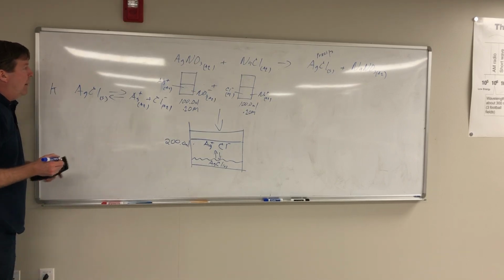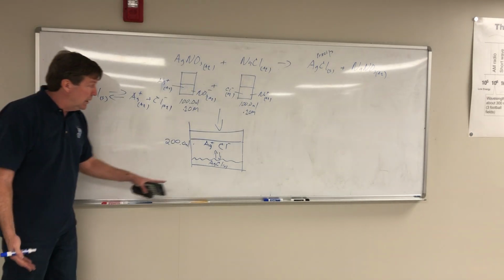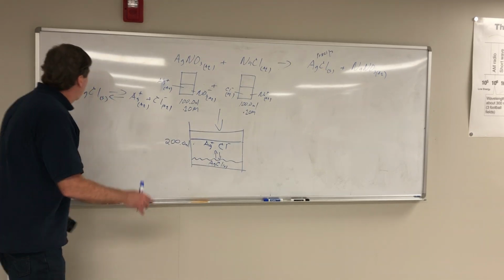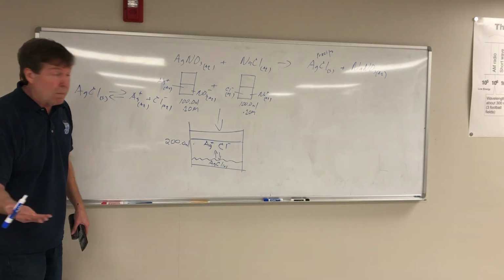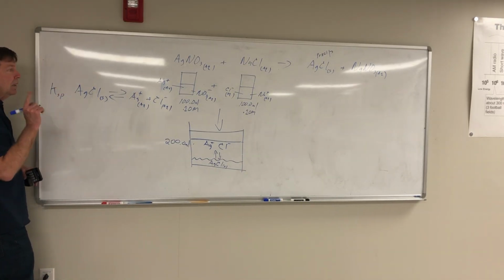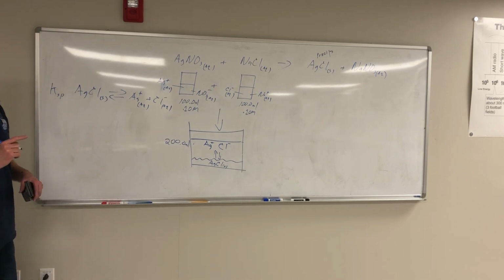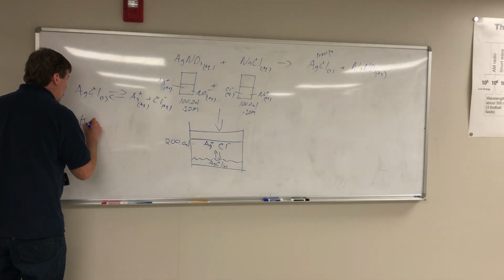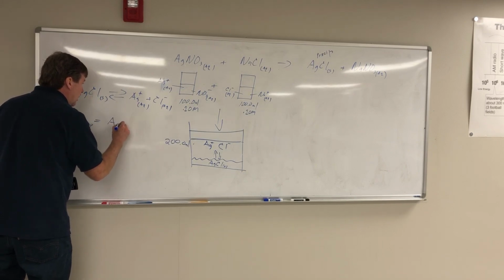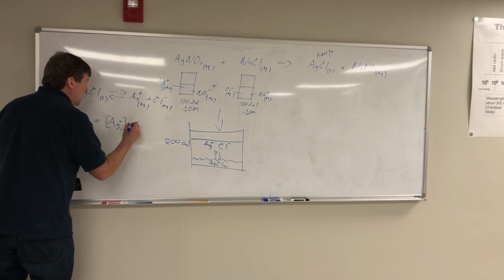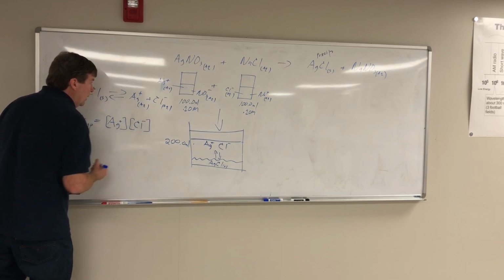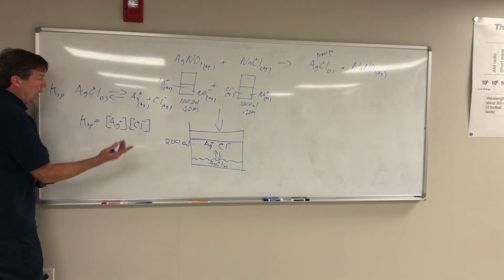Since we're dealing with the solubility of these slightly soluble precipitates, and you'll see in a moment why we call it the solubility product, let's call this Ksp, solubility product. Let's write the Ksp expression. Ksp equals the concentration of Ag+ times the concentration of Cl- aqueous.